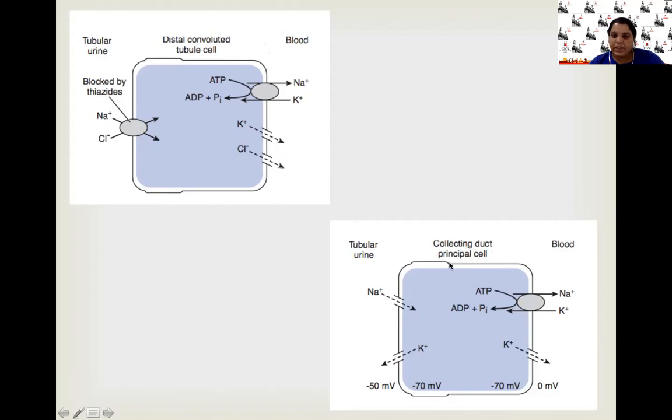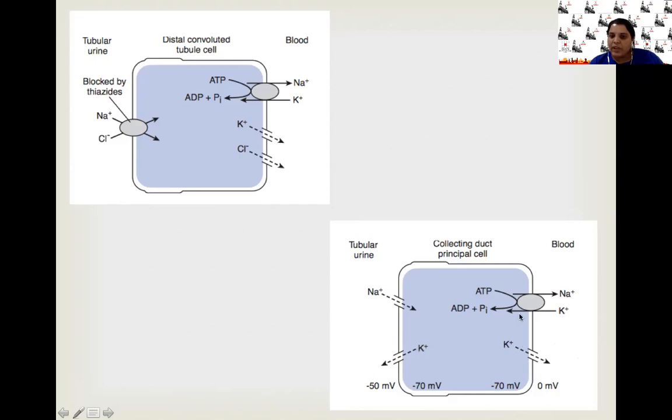The collecting duct is the principal site of potassium excretion. The sodium here enters independently because of the potential gradient that exists. Potassium is pumped into the cell from the blood in exchange for sodium, and part of it again enters back into the blood, and part of it enters the tubule.